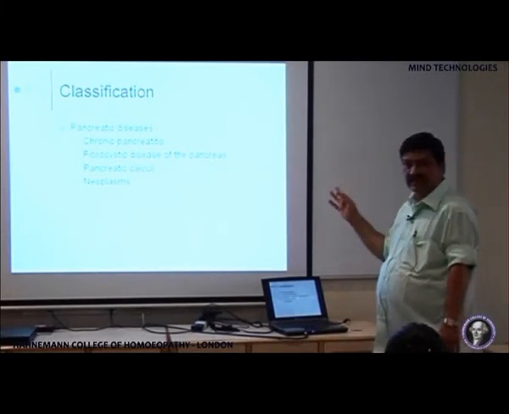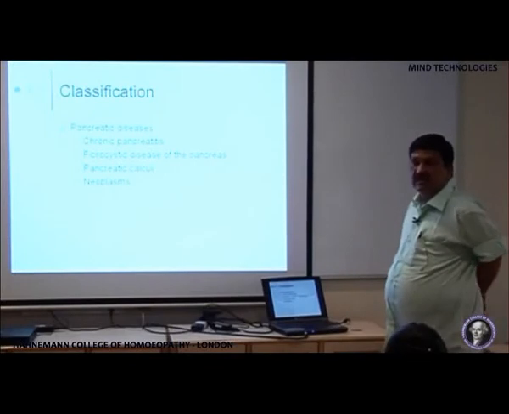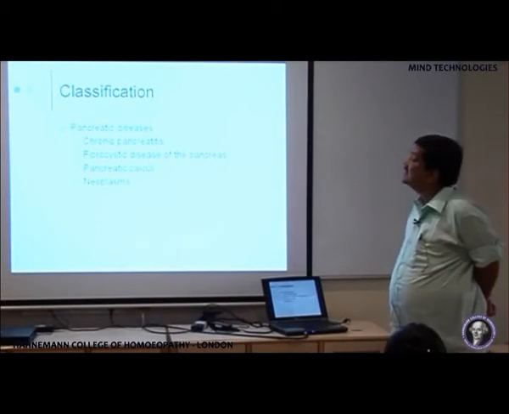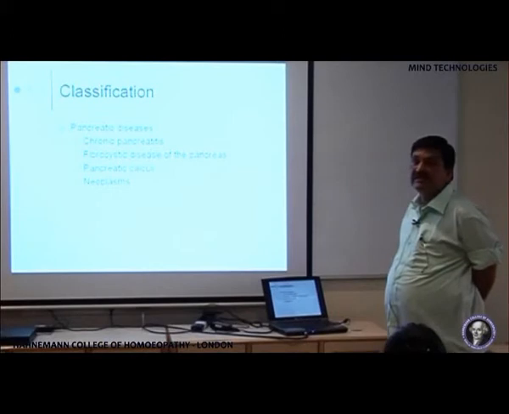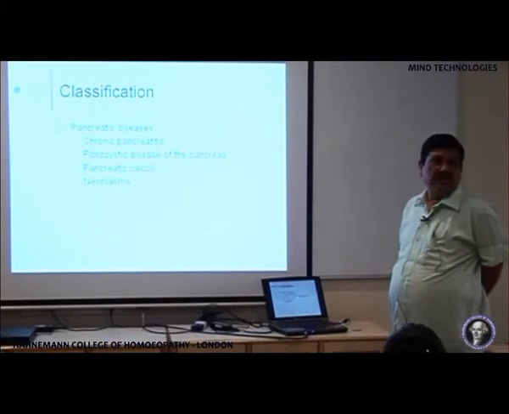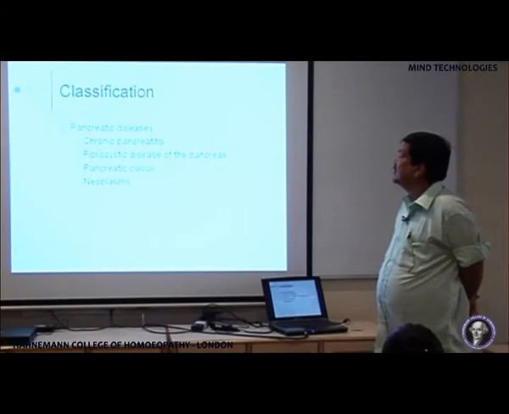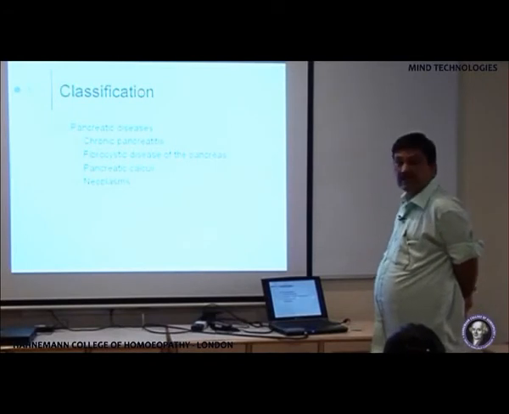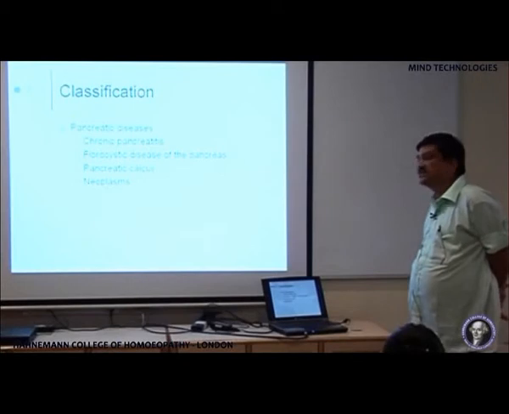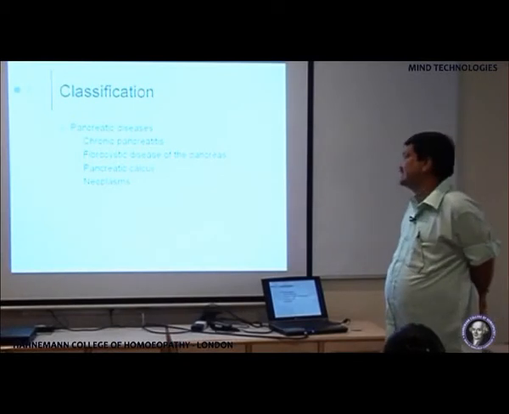Fibrocystic disease of the pancreas is a genetic, congenital disorder. In these patients we have fibrocystic changes in the lungs and in the bile tracts. They also develop diabetes.